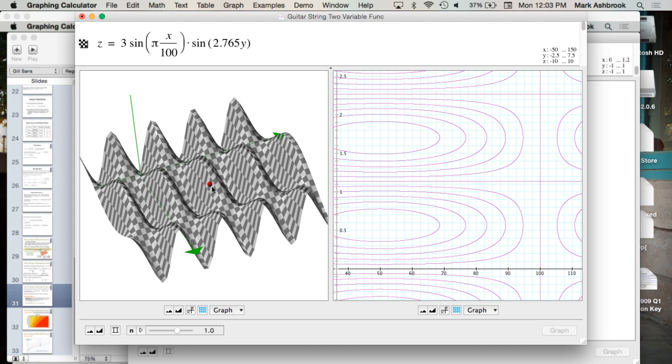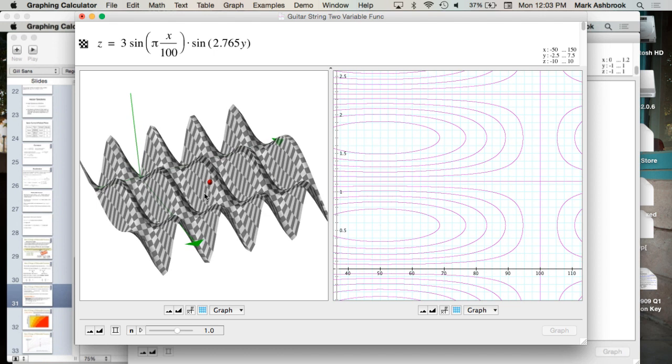This is the point we actually looked at, 72.5: 70 millimeters down from the end of the string, and 2.5 milliseconds after it was plucked. The z value told us the displacement of the string. And we actually calculated the partial derivatives at that point.